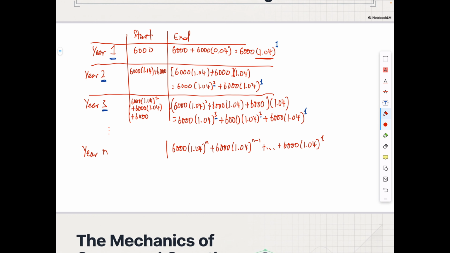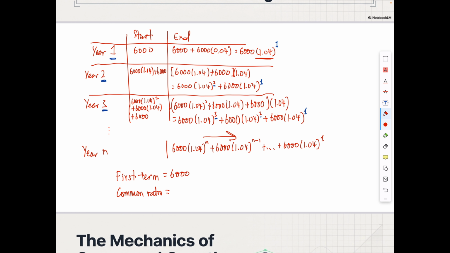In a geometric progression, I have a few things. I have my first term, which in this case is 6,000, and then I have what we call the common ratio. In this case, from one term to the next, I keep dividing by 1.04, if you look at it from this direction.